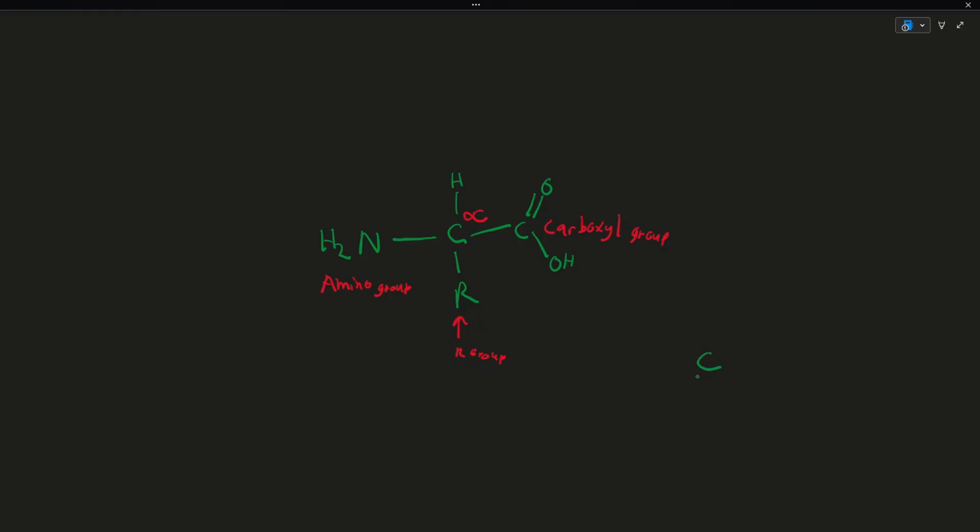Now, the structure for glycine is like this, right? So we have the hydrogen here, and I'll draw the R group here in a second, but I just want to show you that all amino acid backbone structures are exactly the same. So here, just like this, the basic amino acid structure. And what's different when compared to other amino acids is that glycine has another hydrogen here.